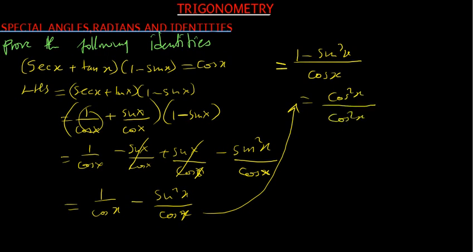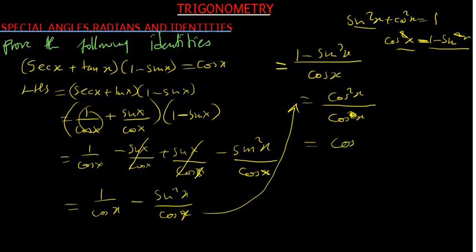From the first identity, sin squared x plus cos squared x is equal to 1. So if you take this sign the other side, what you're going to have is cos squared x is equal to 1 minus sin squared x. So where there is this, we can put that. And cos squared x over cos x, there is no squared here, it's just cos x, is going to give us cos x, which we can see there, hence shown.